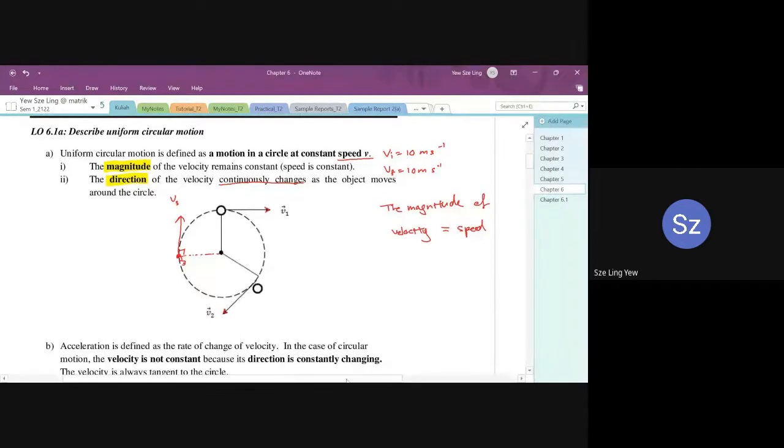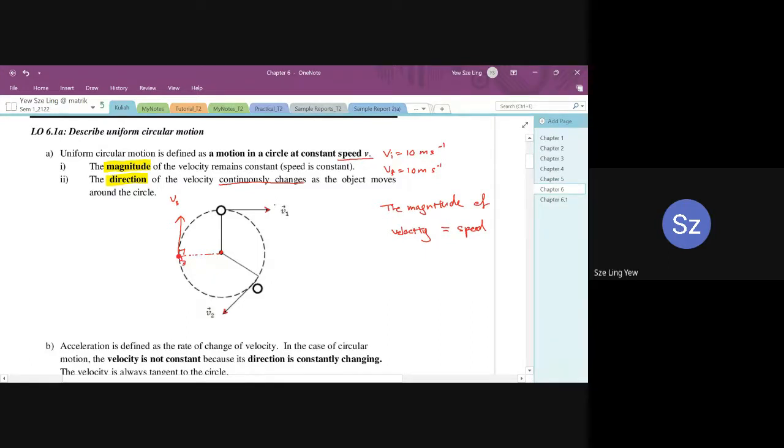So you look at the position, and then you draw a line joining the position that you want to the center of the circle, and then you make another line that is perpendicular to the radius. That represents the direction of the velocity of the object. So the magnitude of the velocity, which is the speed, remains constant, but the direction continuously changes.